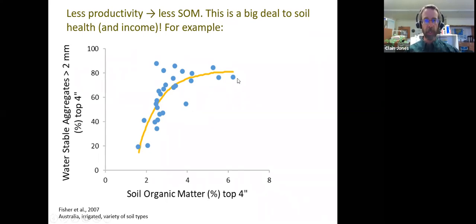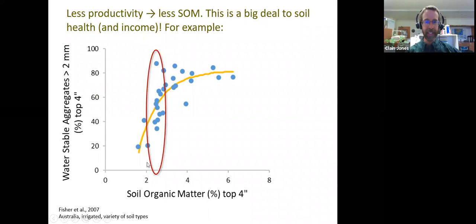If you're fortunate enough, or you've had good management where you're up in this 5 to 6% range, maybe it will be more challenging to increase at least aggregates. But if you're up in this range, you probably have really good soil health.